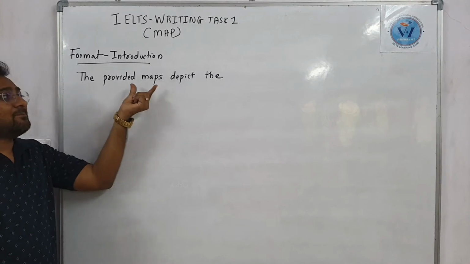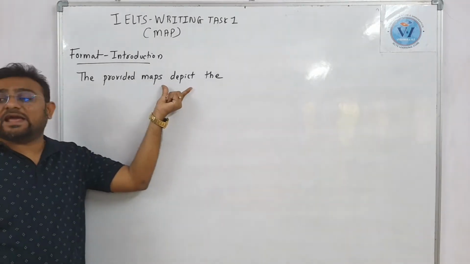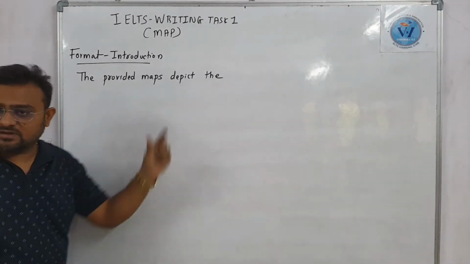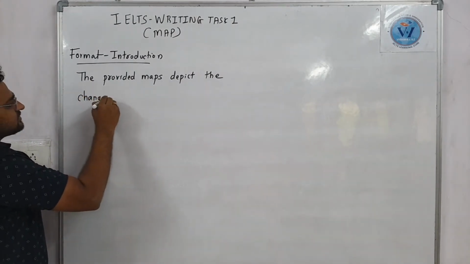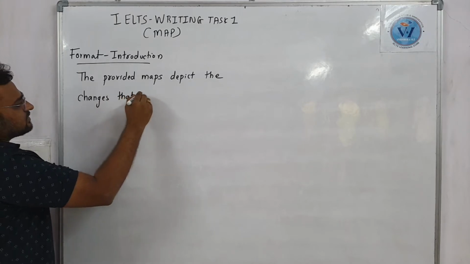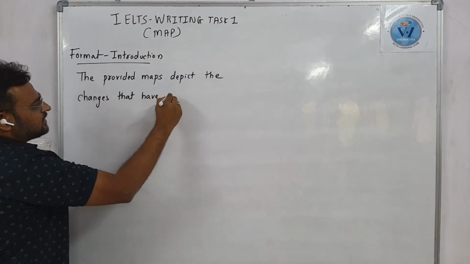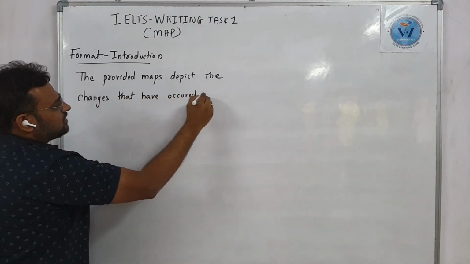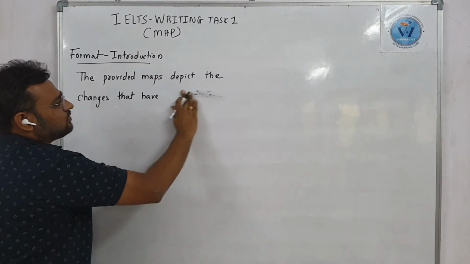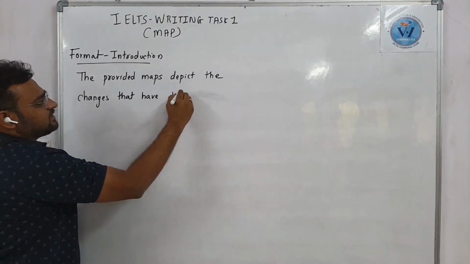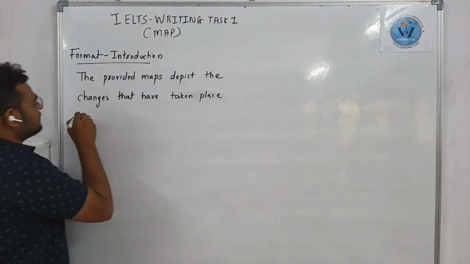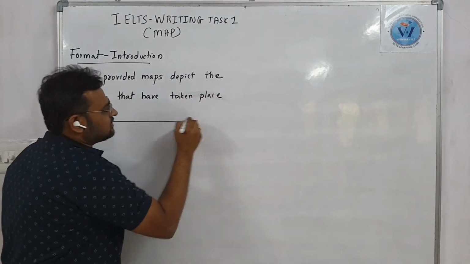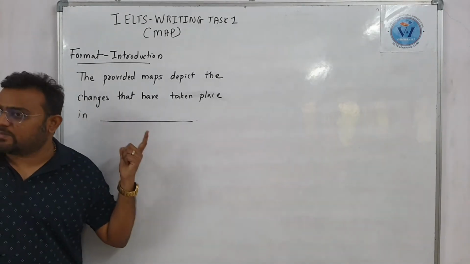The changes that have occurred in, or that have taken place in. Just write what the map is about.